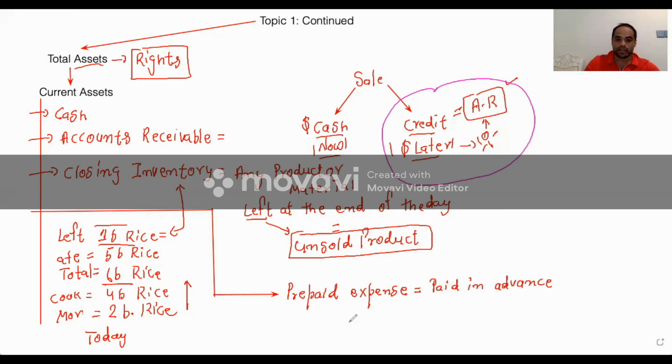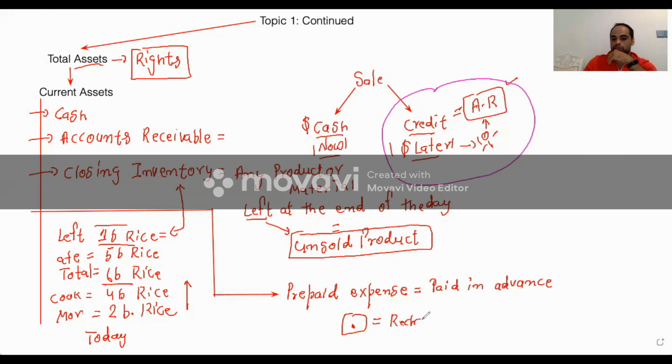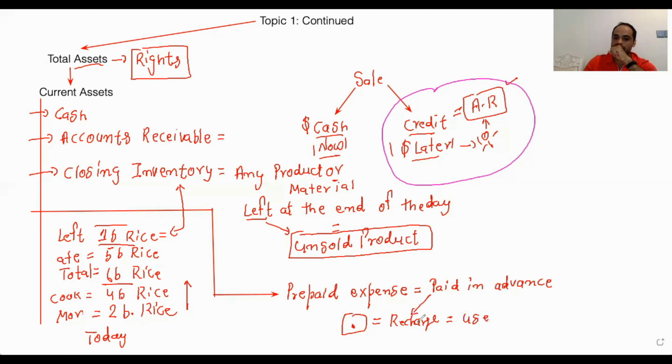So for example, let's say you have a mobile phone and you use a prepaid mobile phone. Prepaid means you recharge first, you top up your mobile phone first, and then you use it. So when you recharge, you are paying money in advance.